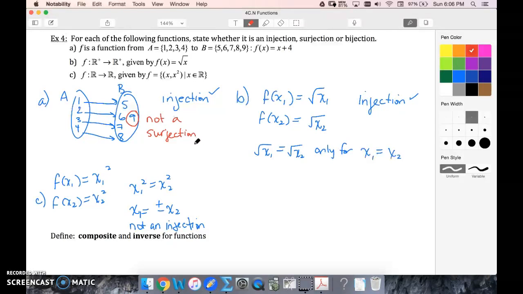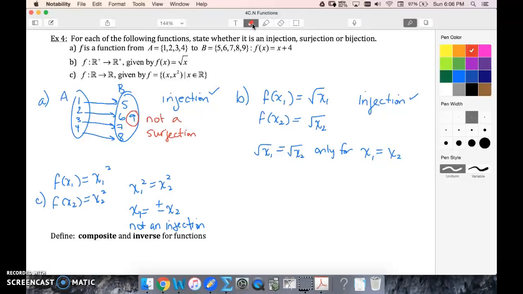Okay. If I think about my range and my codomain is all positive real numbers. If f of x is equal to the square root of x, well, given that I'm putting in all reals, eventually I will also map to all of the square roots. Yeah? Every positive square root can be given by finding the square root of a positive real. That's true.